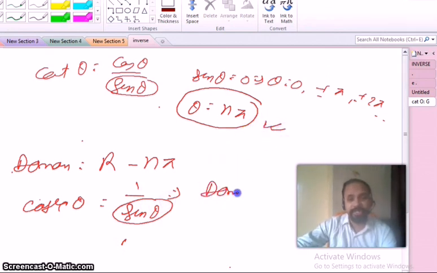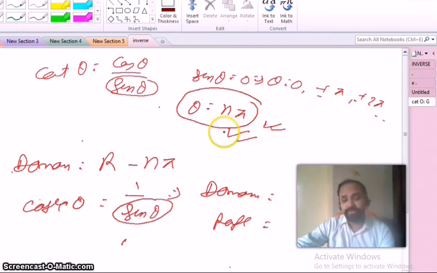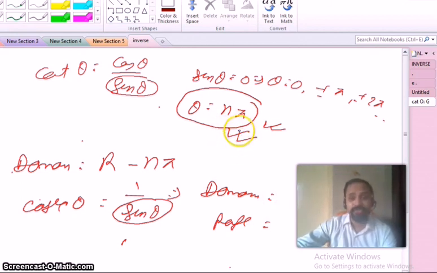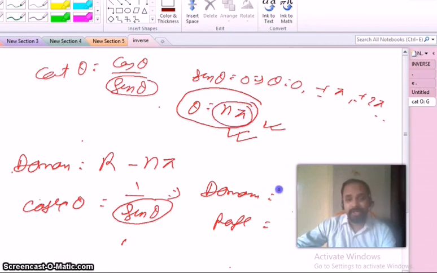That means the domain of cosec theta is all real values except the values where sine theta becomes 0, and sine theta becomes 0 at n pi. That means it is all real numbers except n pi.